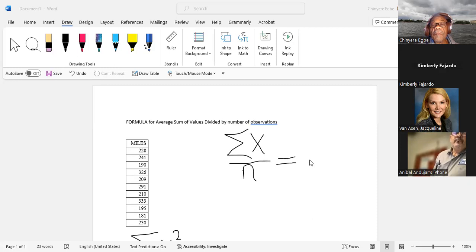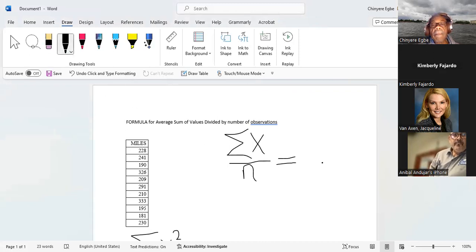We found our average to be 239, I believe, 0.45, something like that.